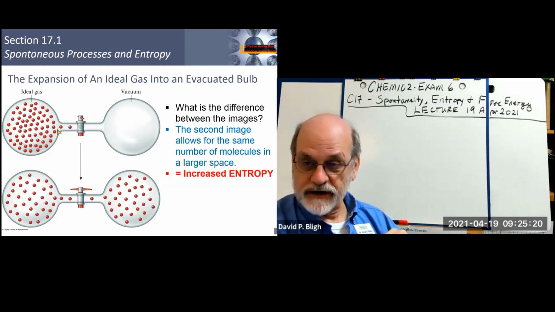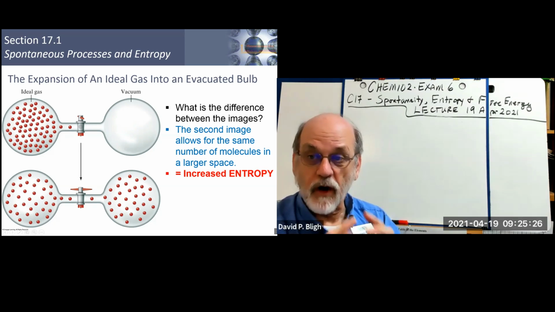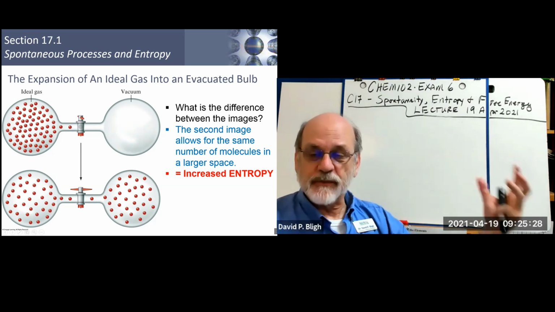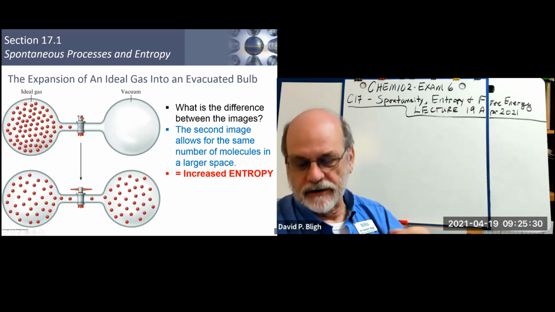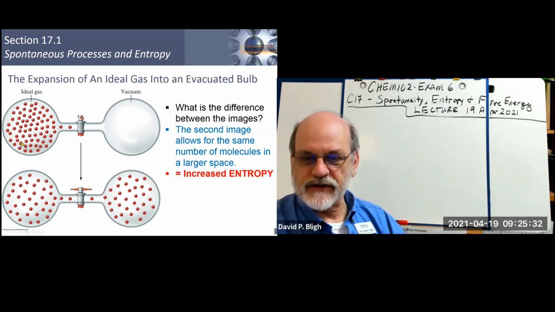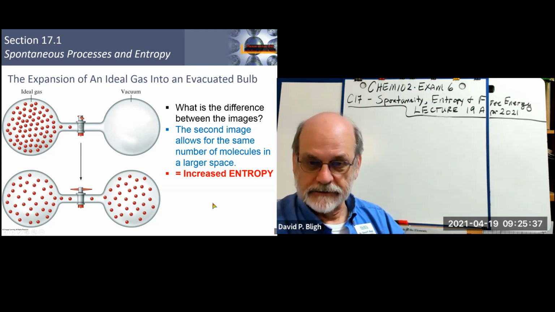You see that there's more disorder. In other words, when you pack gas closer together, they have to be more orderly because they're in a smaller space. If you increase the space, then they can become more disordered. And that's one concept for describing entropy as a measure of disorder.